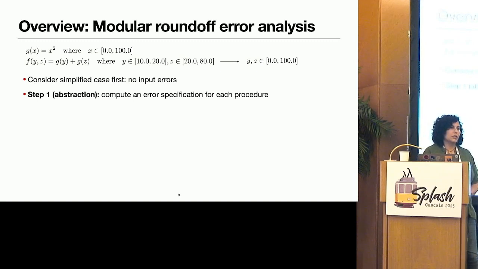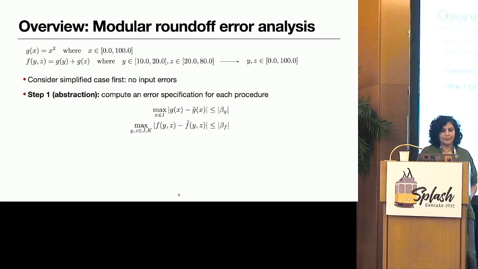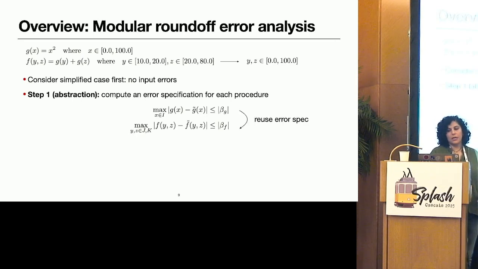An error specification is a function of the input intervals of the procedure. So here, beta of G is the error specification of G, and beta of F is the error specification of F. And we reuse beta of G in computing beta of F only symbolically at this point.